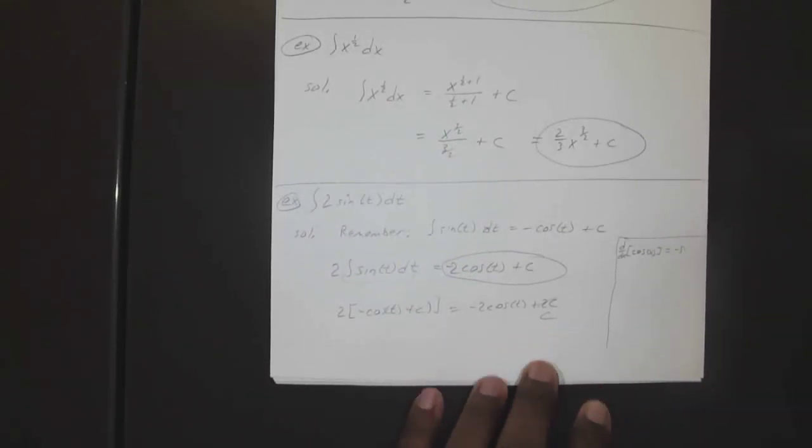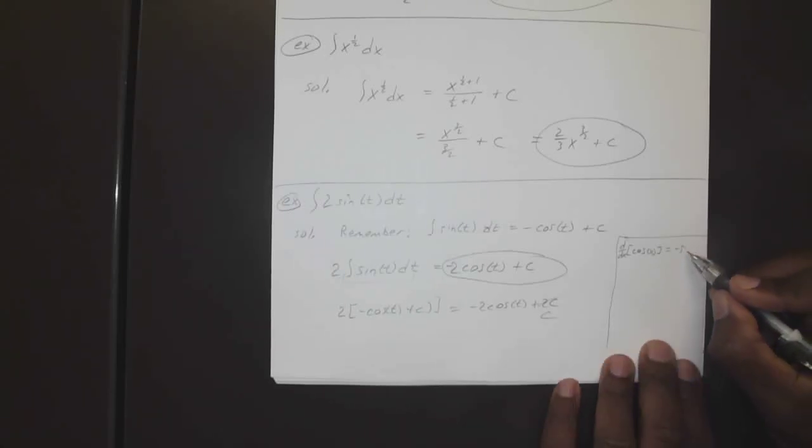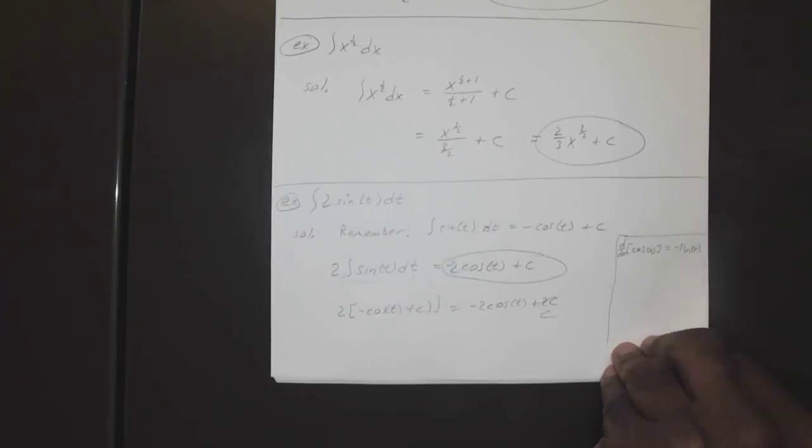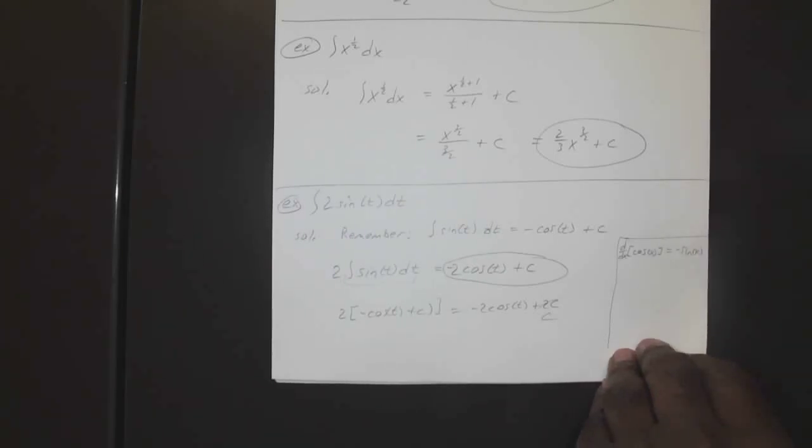Oh, you figured it out. Yeah, because you're going backwards. Yep, backwards. So you're so used to going forward, you're going backwards. So for example, if that was 2 cosine t, then you would have sine. Yep, it would just be 2 sine t plus c.